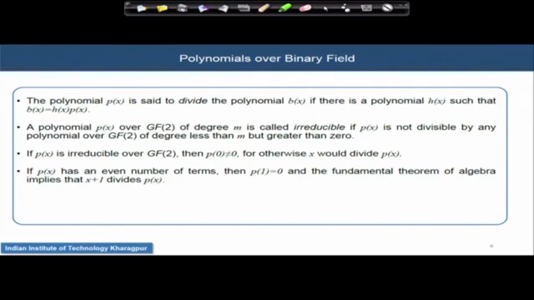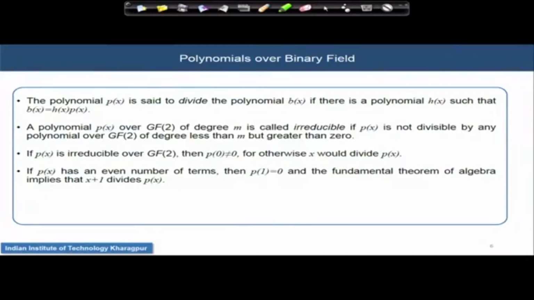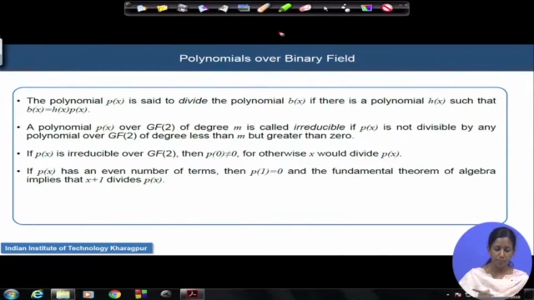Now, let us go ahead with a few more characteristics of these polynomials that we are discussing over the binary field. Suppose there is a polynomial called p(x). The p(x) is said to divide another polynomial b(x), remember, p(x) and b(x) both belong to the same field, if and only if there exists another polynomial h(x) on the same field, such that b(x) is equal to h(x) into p(x).